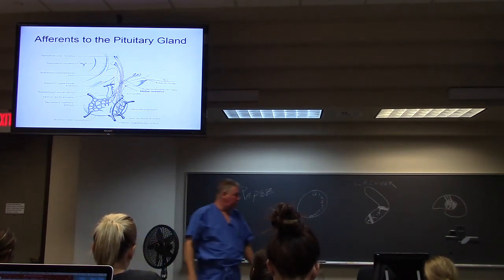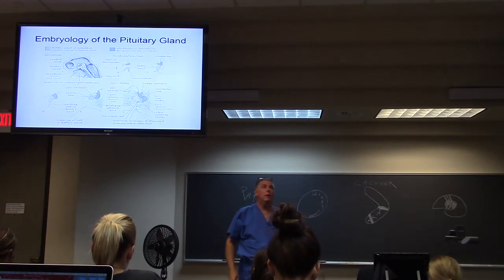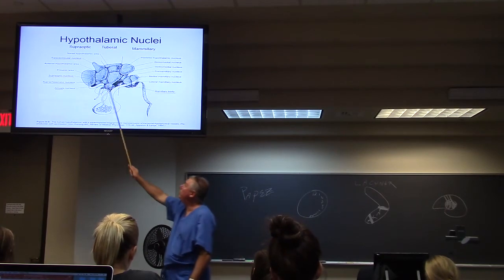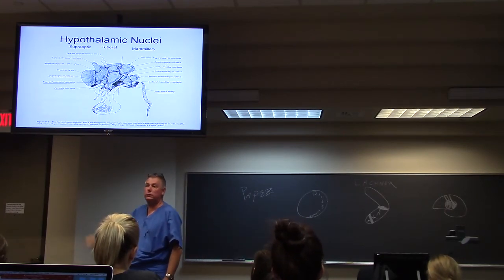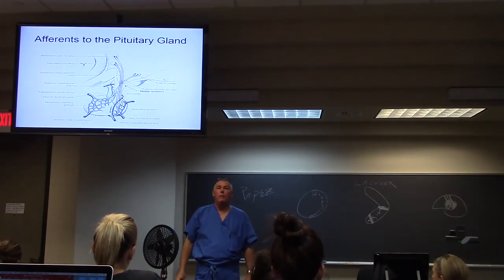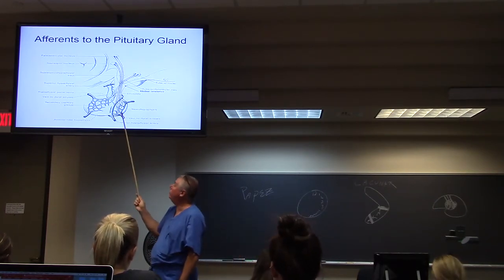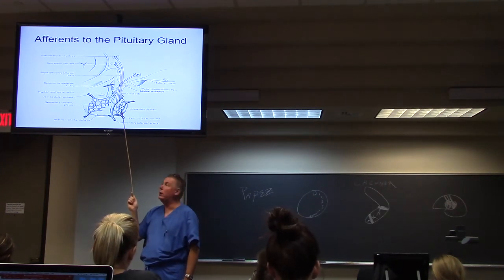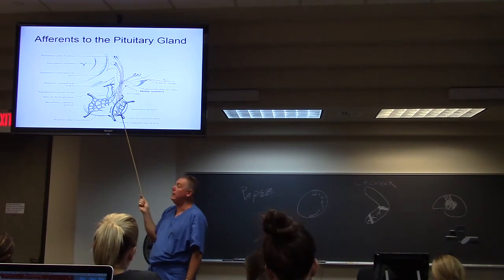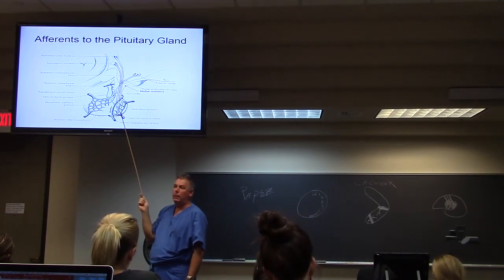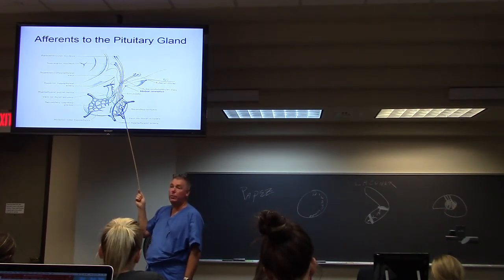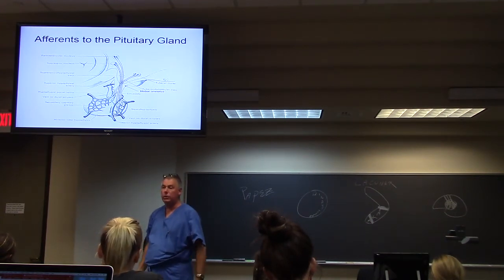If you go back to the original picture of the hypothalamus, right there, you've got these nuclei out here, paraventricular, supraoptic. The neurons there project down to the posterior pituitary. So if they're stimulated up here, they release their contents into the posterior pituitary. Those contents are picked up by capillaries in the posterior pituitary and taken into the circulation.